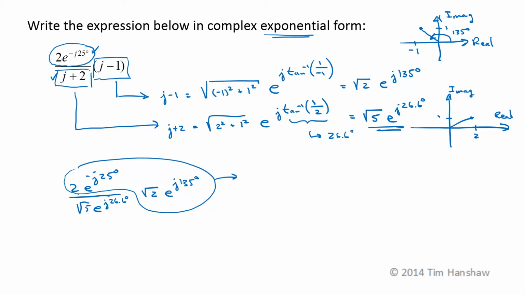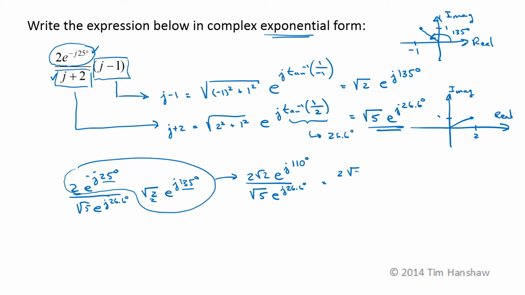So multiplying the magnitudes, I have 2 times square root of 2, e to the j, and when I multiply, I add the phases, so I have −25 plus a positive 135, which is a positive 110 degrees. That divided by square root of 5 e to the j 26.6 degrees. So dividing two complex numbers in polar form, I divide the magnitudes.